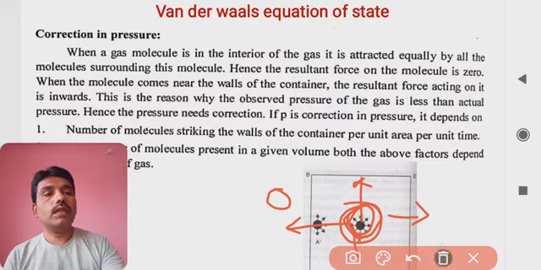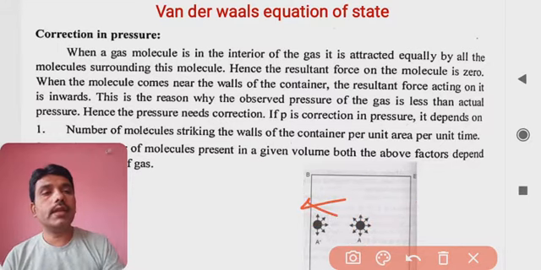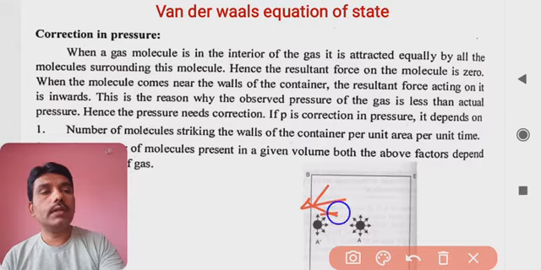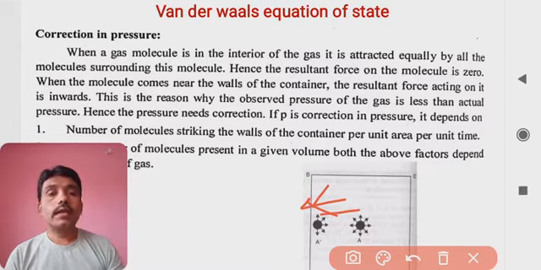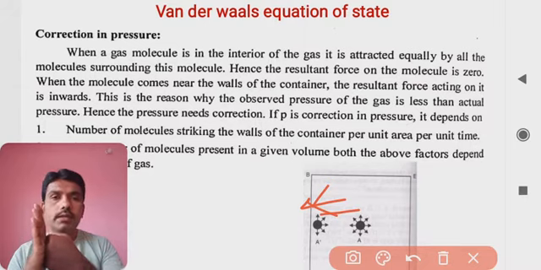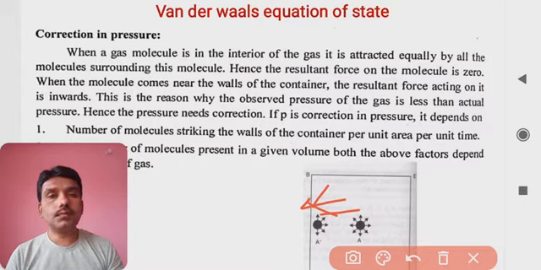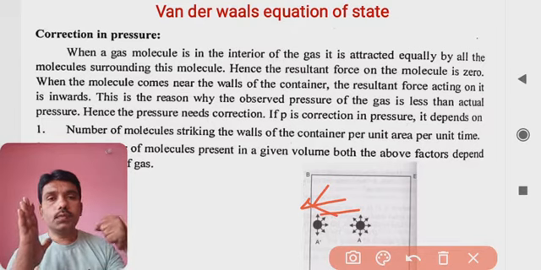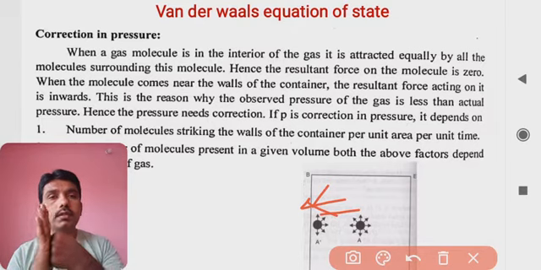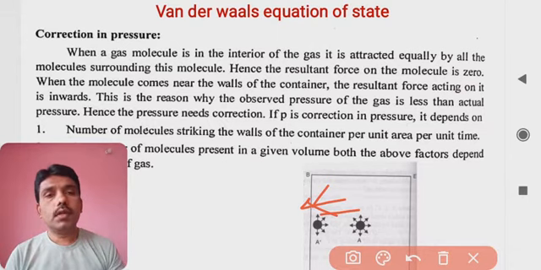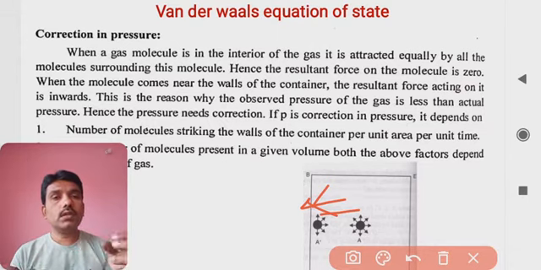But when it strikes the wall, at that time another molecule attracts it in another direction. There is a correction in the velocity, that is, striking the wall and going back, attracted by other molecules, and the momentum is also part of this. In the absence of these forces, striking the wall, versus in their presence, will cause a difference in pressure.